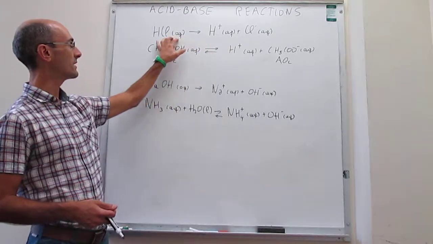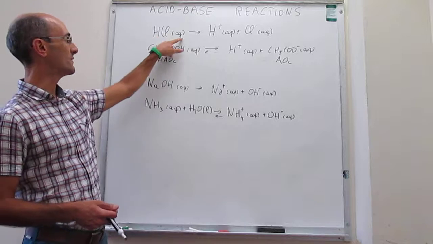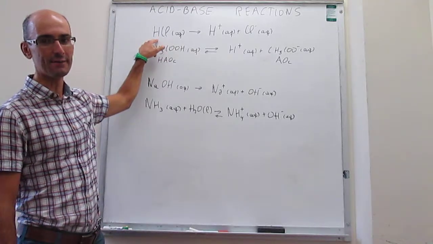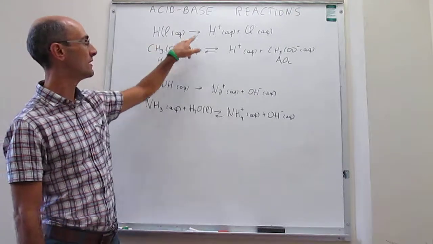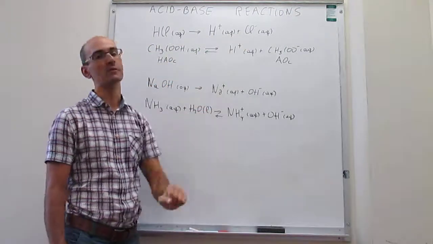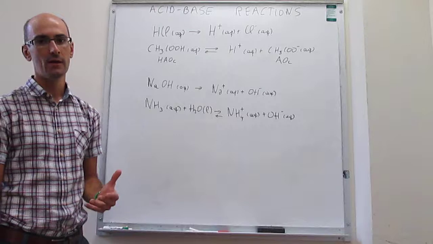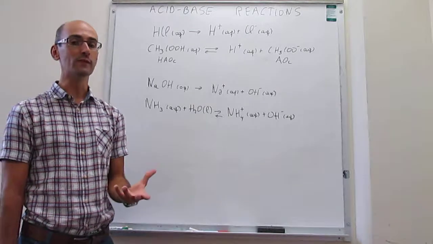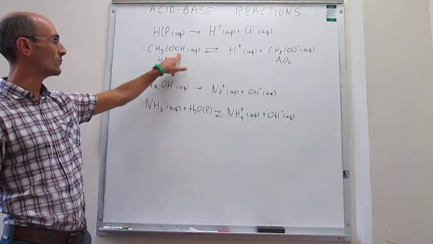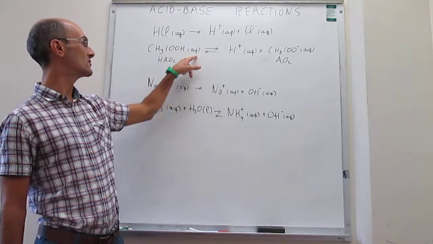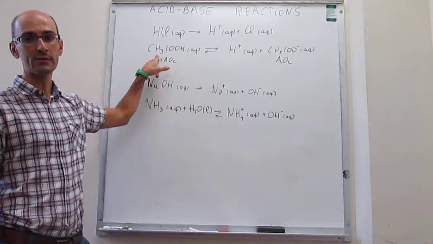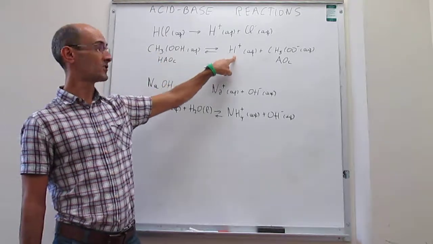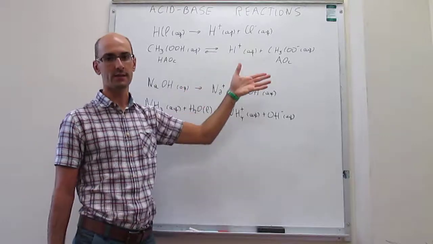So hydrochloric acid is a strong acid, which means that there's nothing or a negligible amount of HCl left in solution, and all of it, or most of it, is going to be protons and chloride. But there are also weak acids, and weak acids are those that are not fully dissociated. For example, acetic acid is a weak acid. And what that means is that there's going to be a lot of these molecular species in solution without dissociation, but there's going to be also a few protons and a few acetate ions.